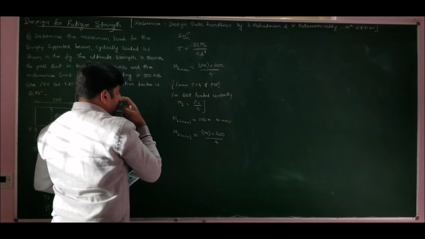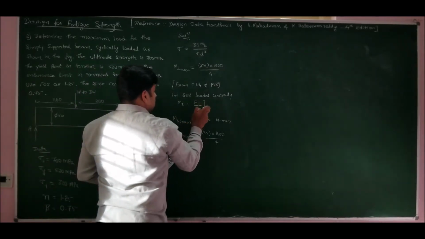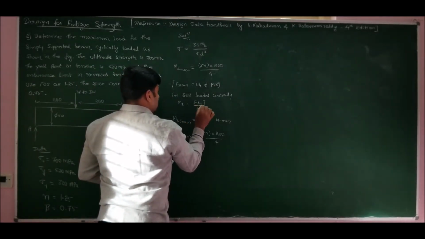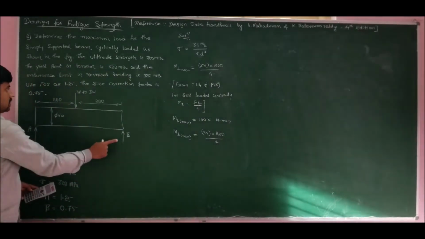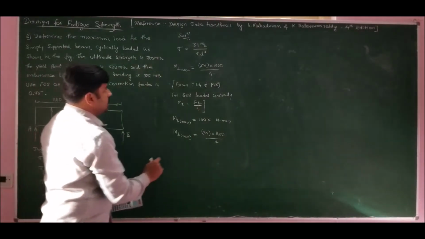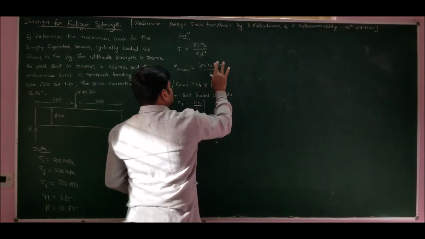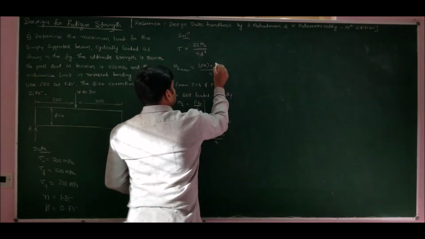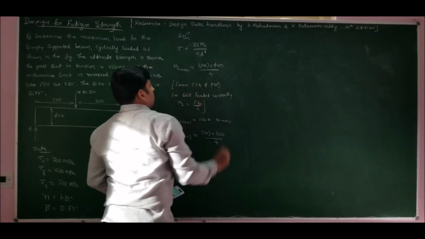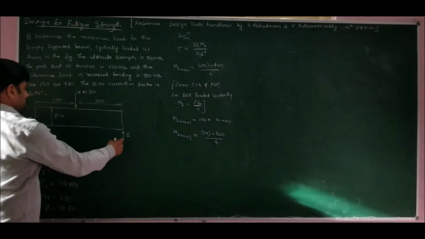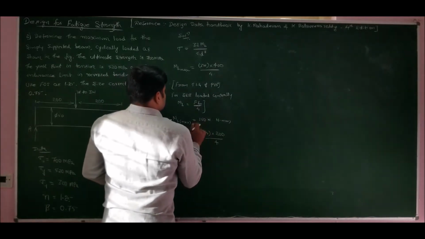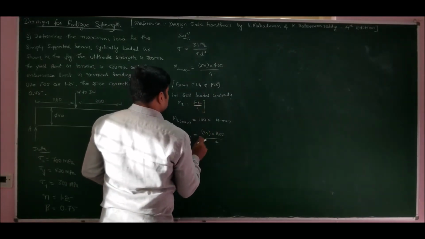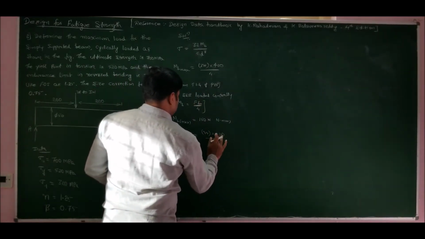Sorry, if I refer to the design data handbook, it is FL by 4, where length is the overall length. So therefore, I should take the length as 400. FL by 4, yes, so it should be 400.